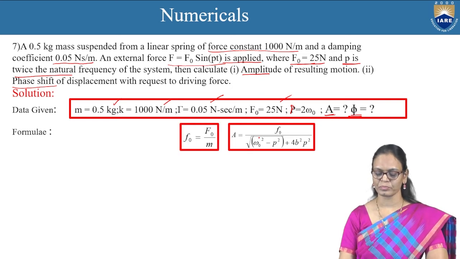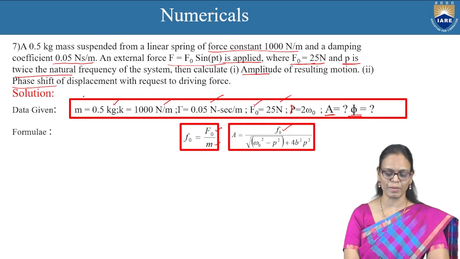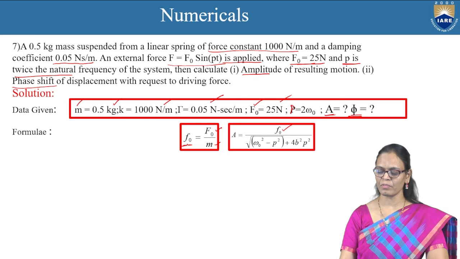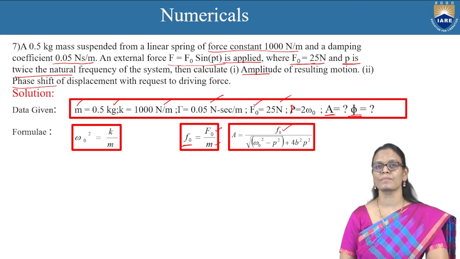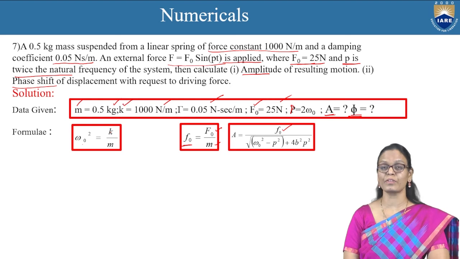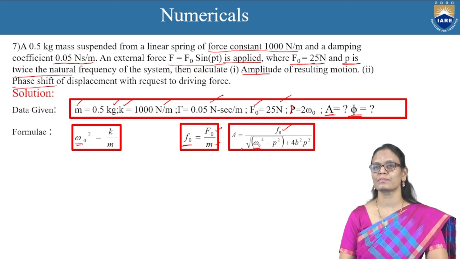Now, first we need to calculate small f naught. So what is f naught? Given by capital F naught upon M. So you have F naught, you have M. So you can easily calculate f naught. Then we need omega naught. So omega naught square is equal to K by M. We also have the value of K. So we can easily calculate omega naught square because we want omega naught square here.